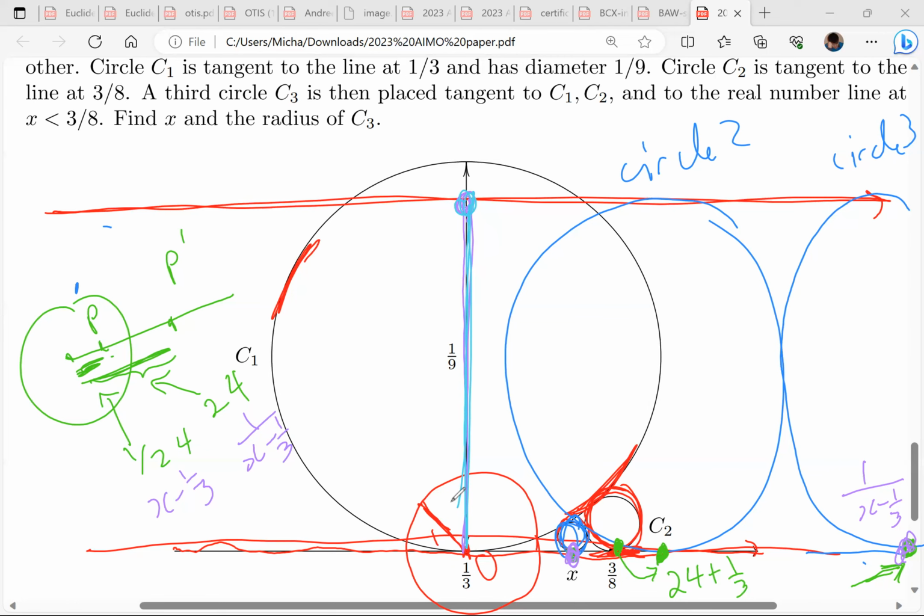Nine. If you agree. Yeah, so this circle is what turns into this line, right?